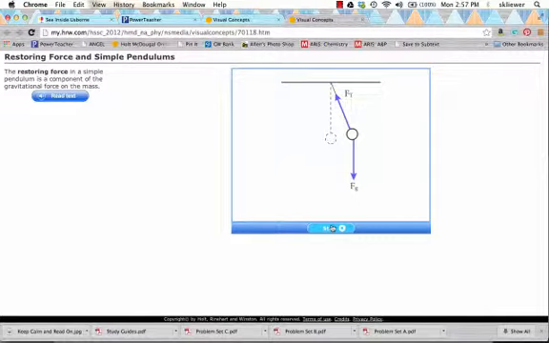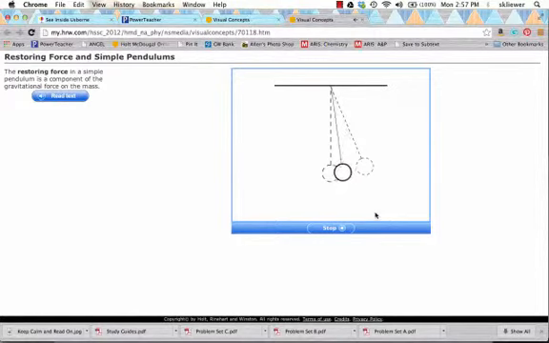One component exactly opposes the tension. The other is perpendicular to that. This y component is the restoring force. When the displacement of the pendulum is very small, its motion approximates a straight line. In addition, for small angles, the restoring force is proportional to the displacement, and the motion of the pendulum is simple harmonic motion.